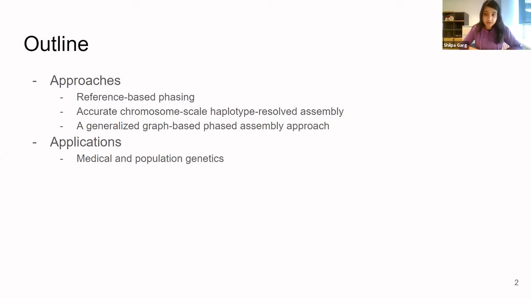Then I will give you a generalized graph-based framework of phased assembly that can be applied to any type of genomes, whether it's humans, non-humans, or clinical samples. Then I will finally present the applications of these methods to medical and population genetics.